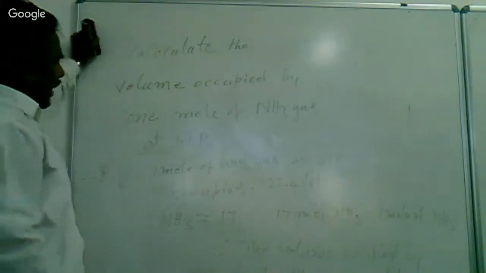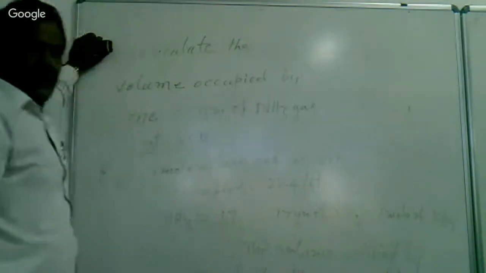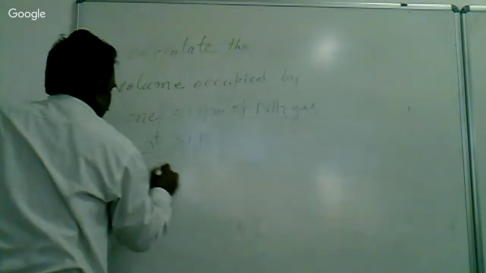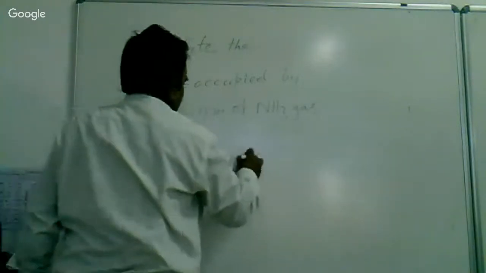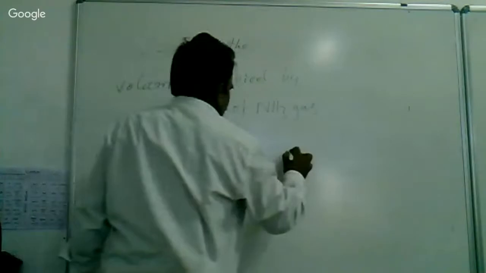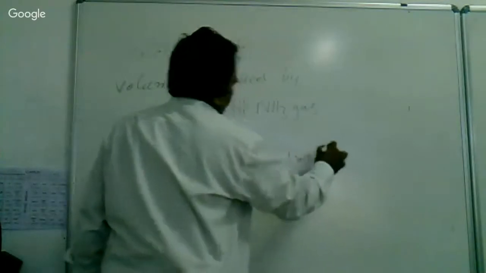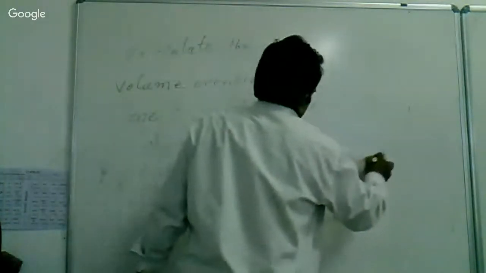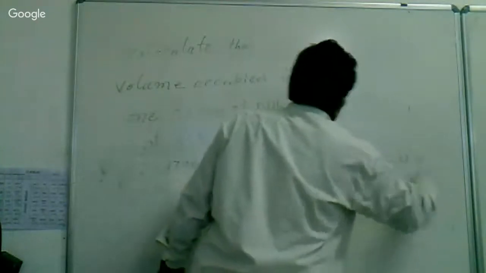Calculate the volume occupied by 51 gram of ammonia. So as we know pretty well, the molecular weight of ammonia is 17. Therefore, 17 gram of NH3, ammonia, is equal to 1 mole, which occupies 22.4 liters.